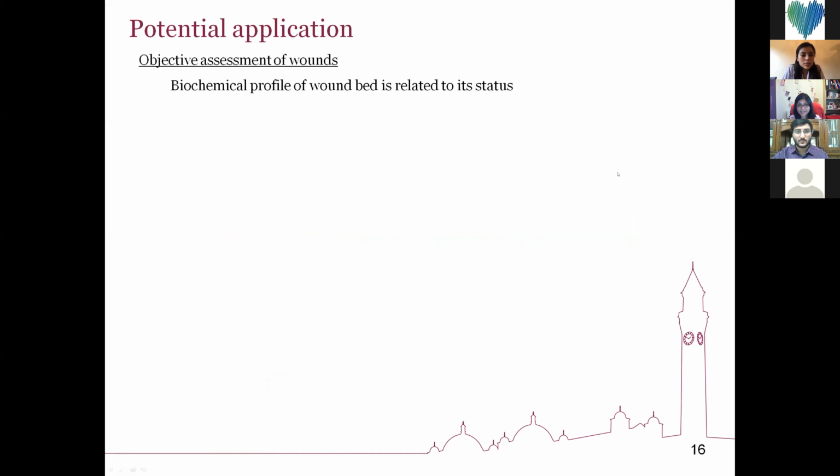So why is this important? Well, one of the things we are interested in is objective assessment of wounds. Wounds, a lot of them, produce exudate, which is the liquid produced by the wound. And the biochemical profile of this fluid is related to how well the wound is healing.